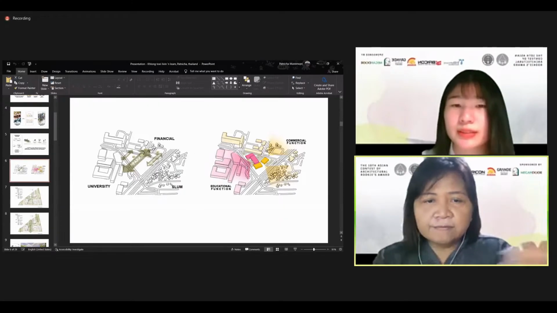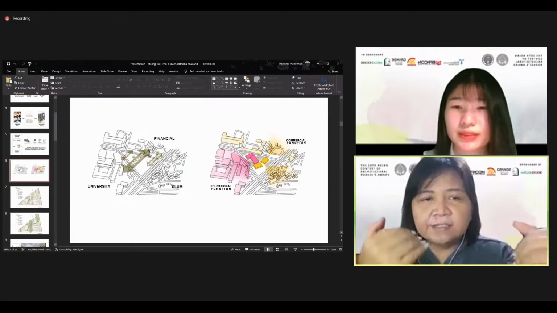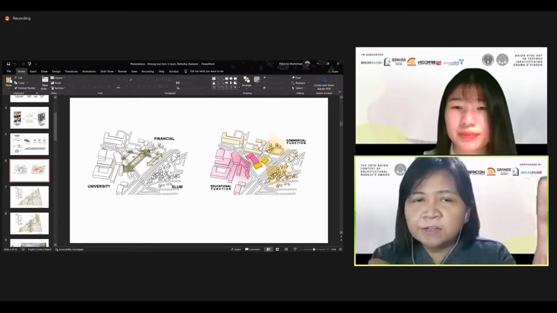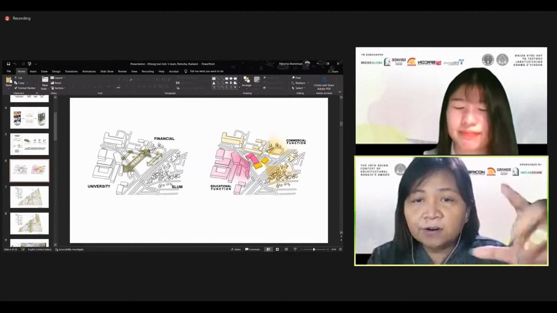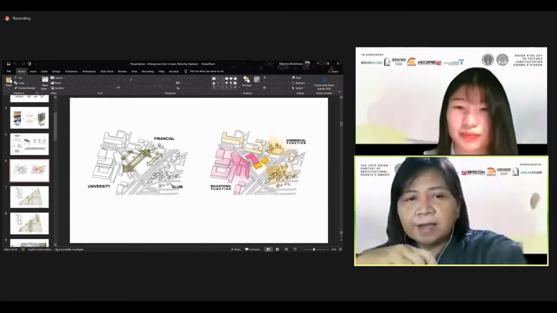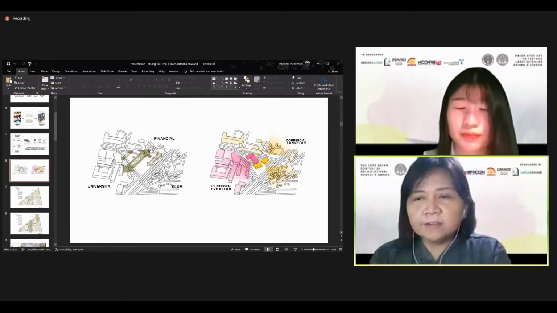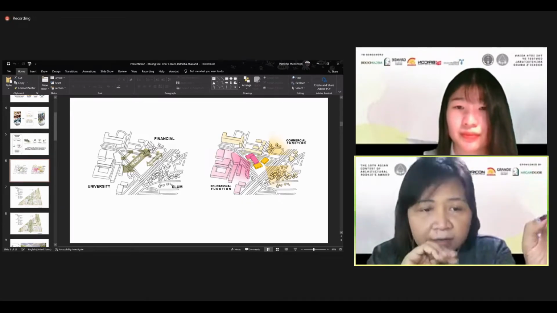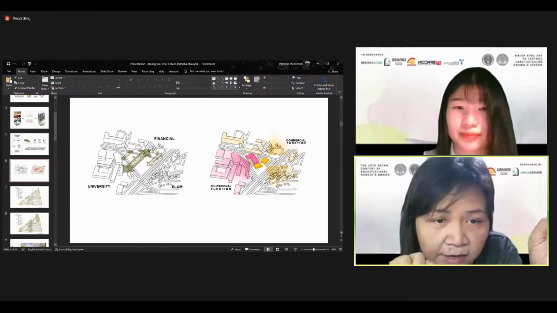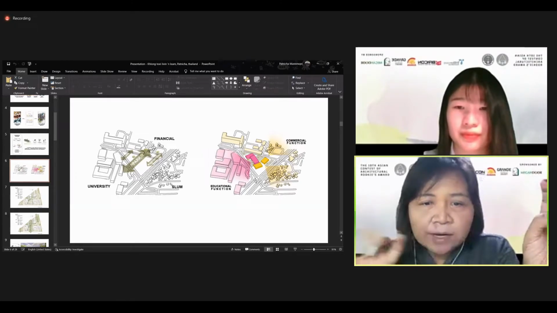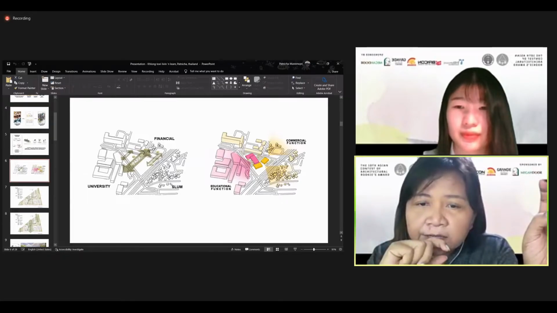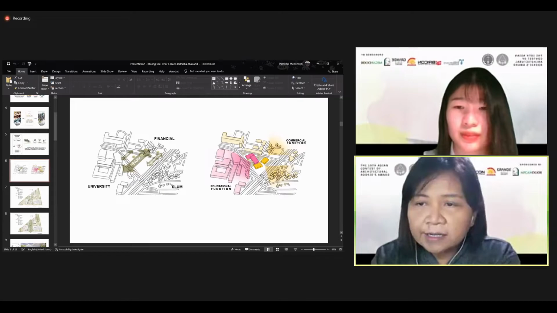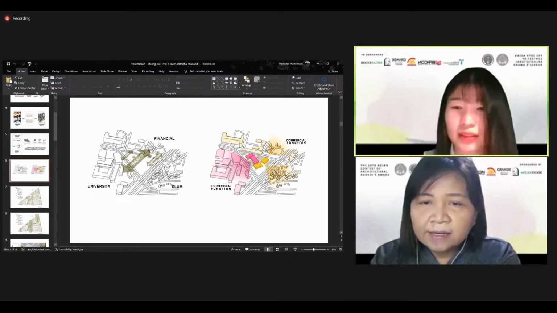Because you have very different characters of community around your area. You have the financial district, the slum, and the university, and I see that there is a highway in front of the university that already separates the slum and the university. On this part, right? Yeah, that part.